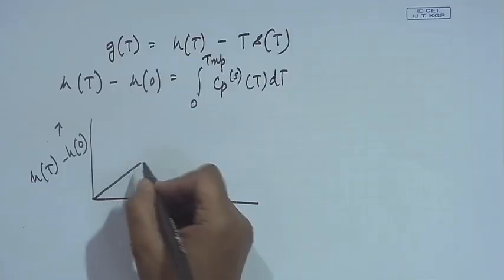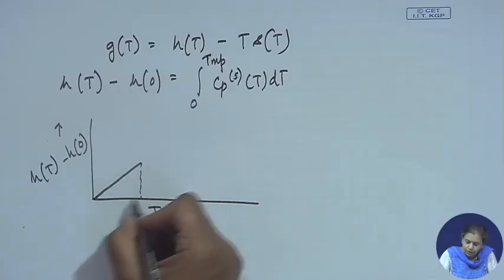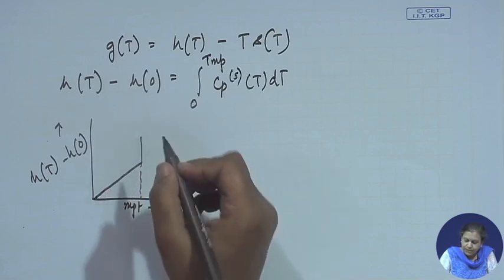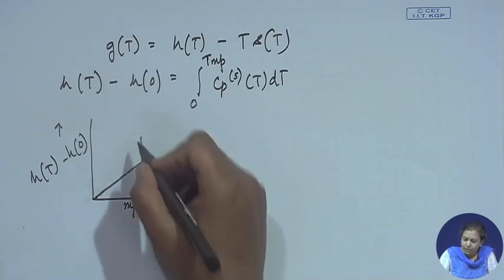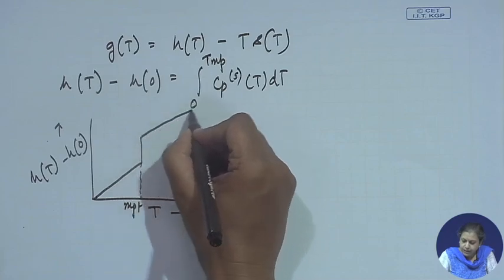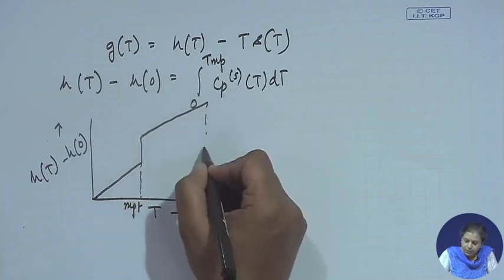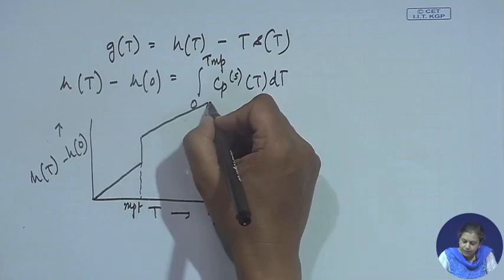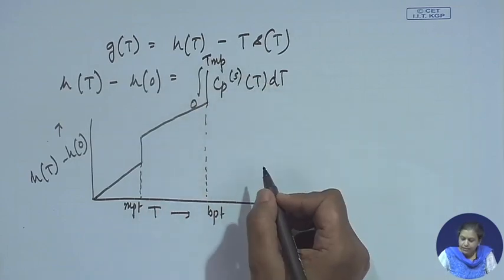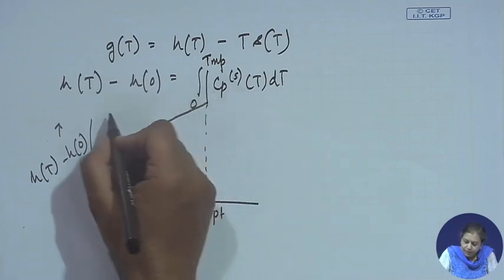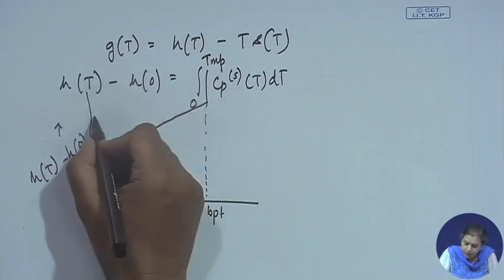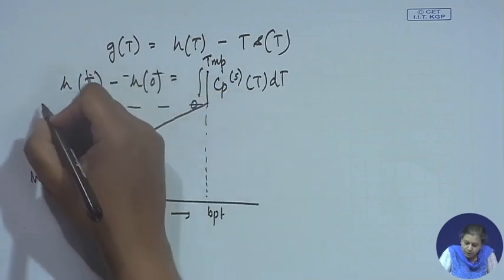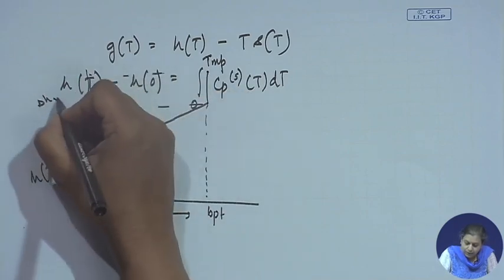So this continues till the melting point of the solid. After that, it absorbs delta H fusion, but there is no change in temperature. Next, again there is the liquid heating which continues till the boiling point, and after that it absorbs the latent heat of vaporization, delta H vaporization.